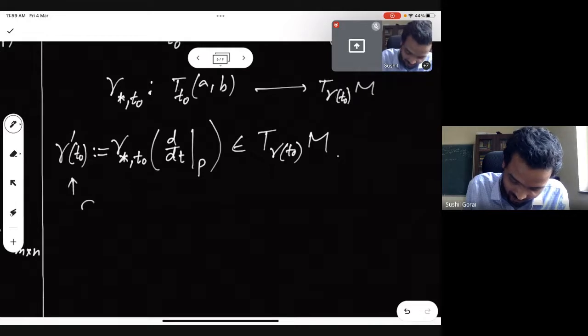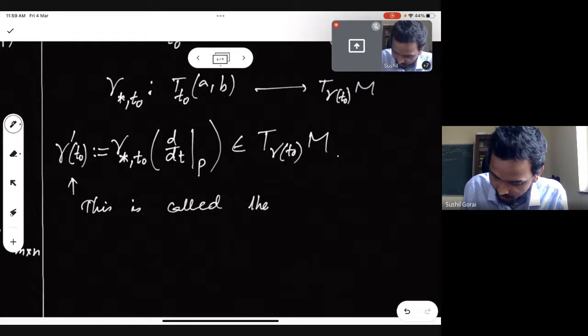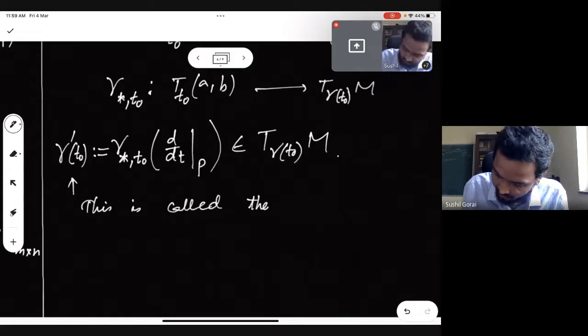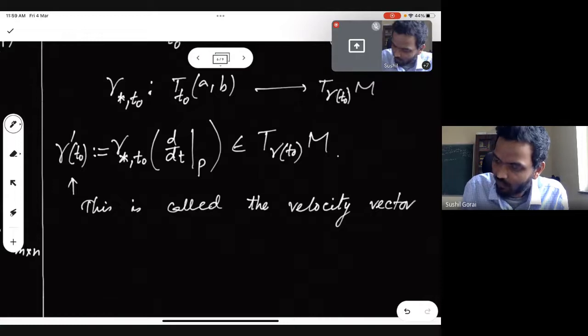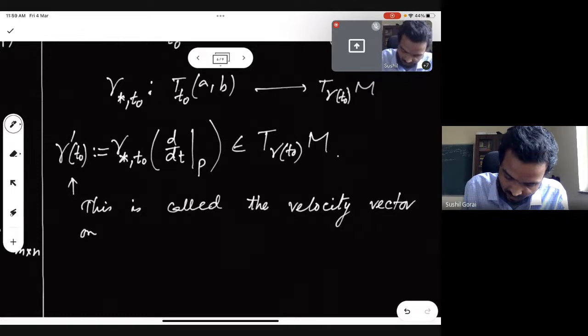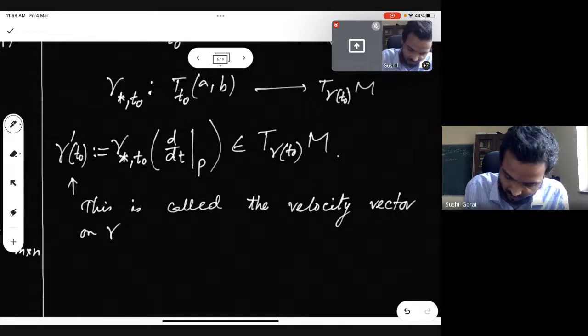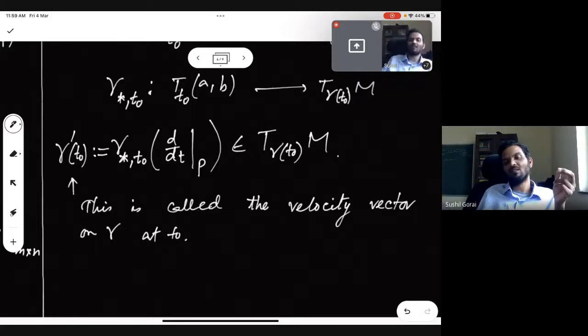And this is called the velocity vector of gamma at t naught. You have seen this in physics: a particle is moving along a curve, and you want to consider the velocity.